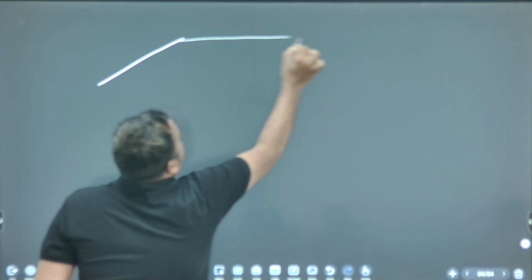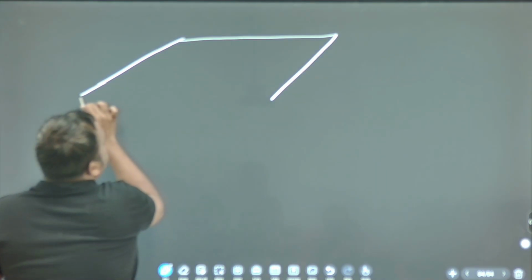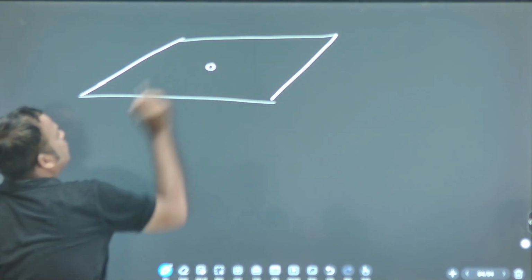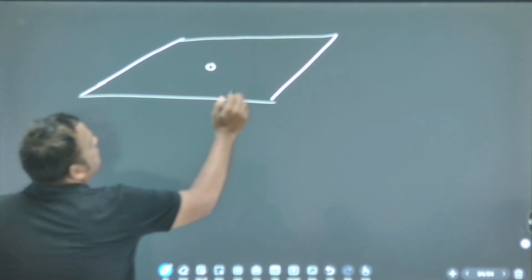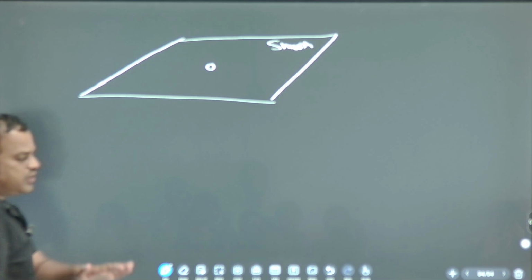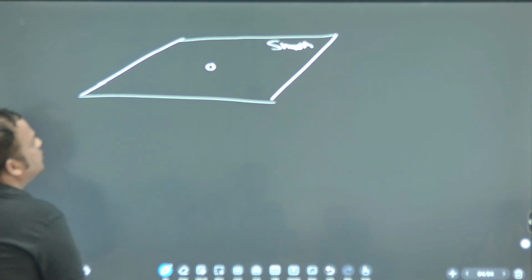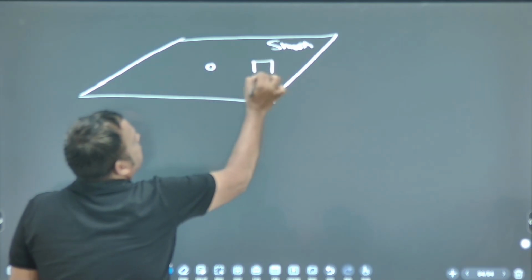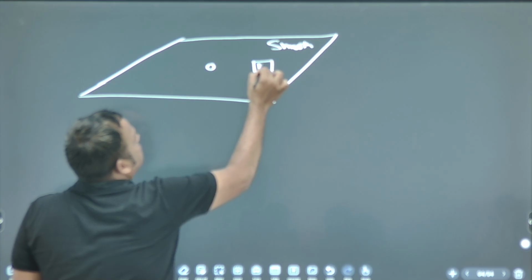Now there is a question. Suppose this is the table, and there is a hole here. A small hole is there. And it is a smooth table. What type of table? Horizontal. Horizontal table is there. Hole is there. Now one block is there. Mass of the block is m1.